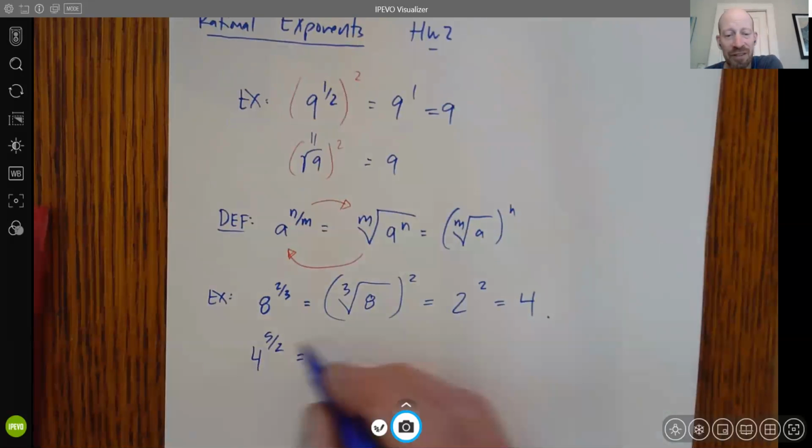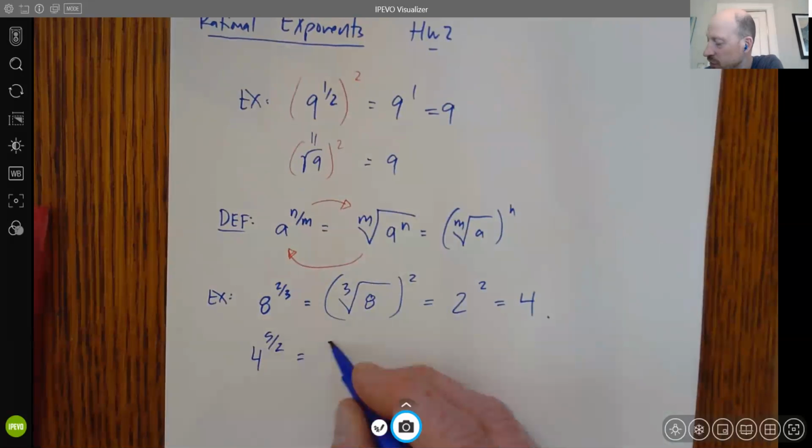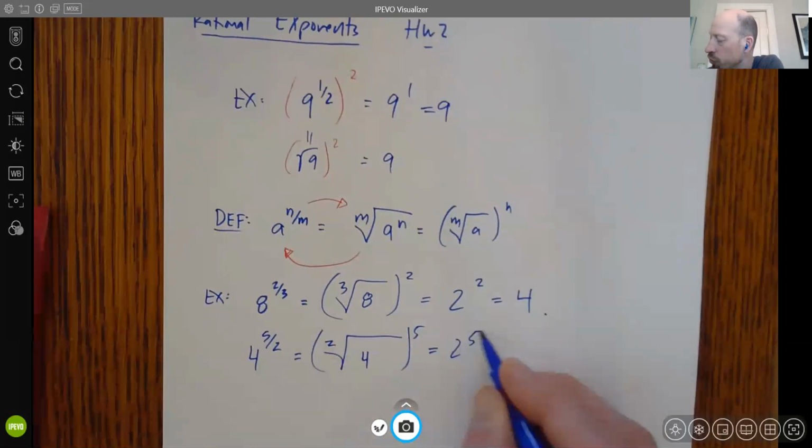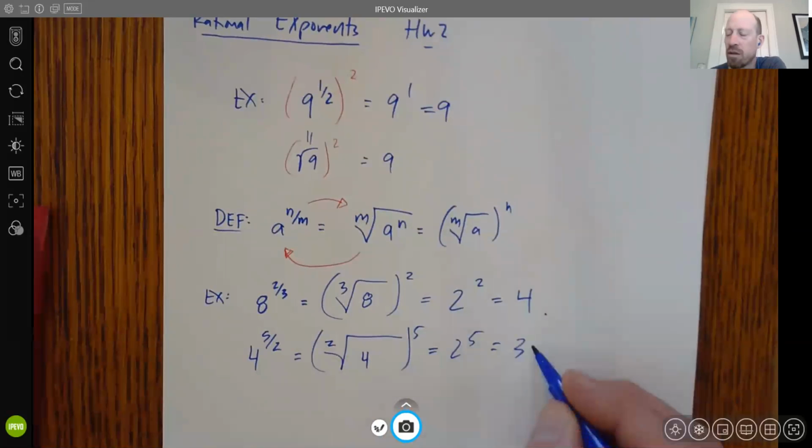You just got to remember the denominator is the index. So, maybe you write that in here in this case, even though we don't normally write in a square root, just to keep track of where those parts are going. Square root of 4 is 2. 2 to the 5th is 32.